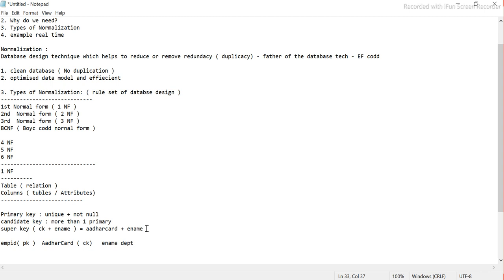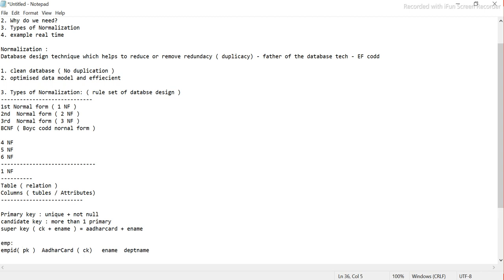Now, something a bit more about it. Let's say I have these three, four columns, right? Department name maybe here, four columns. Let's say this is the employee table.